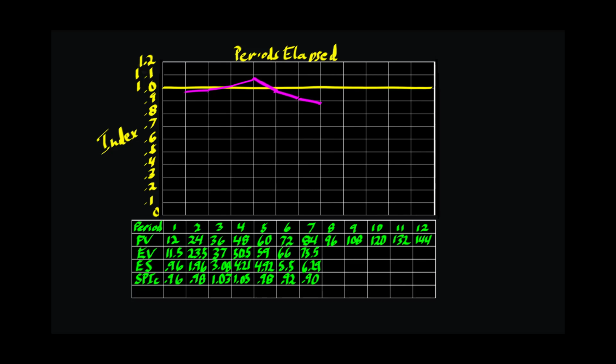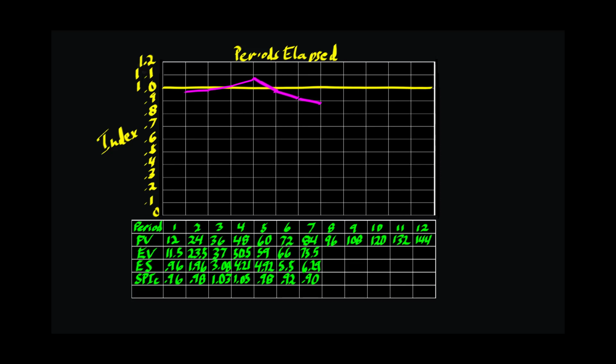Interpreting the graph then, if the index is below nominal, efficiency is less than planned. If the index is above nominal, efficiency is greater than planned. And if the index is exactly on nominal, efficiency is exactly on plan.